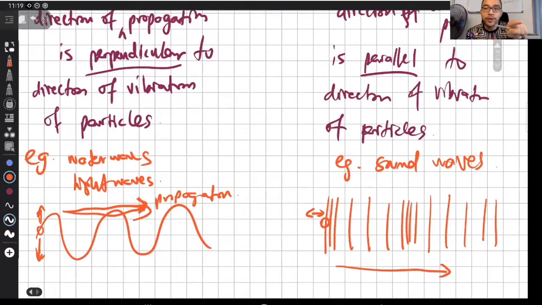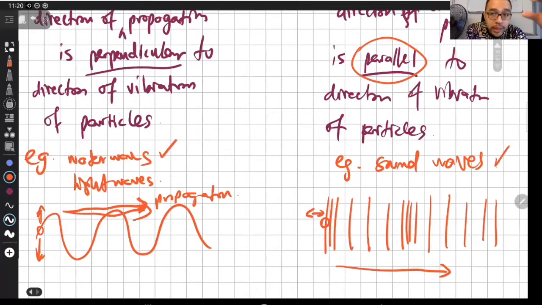The particles are moving left, right, left, right, but the sound waves are just carrying forward. They're just propagating forward. So the direction is the same direction or parallel. Then we call this a longitudinal wave. But in a transverse wave, it is perpendicular. And we see this most often in water waves and light waves.